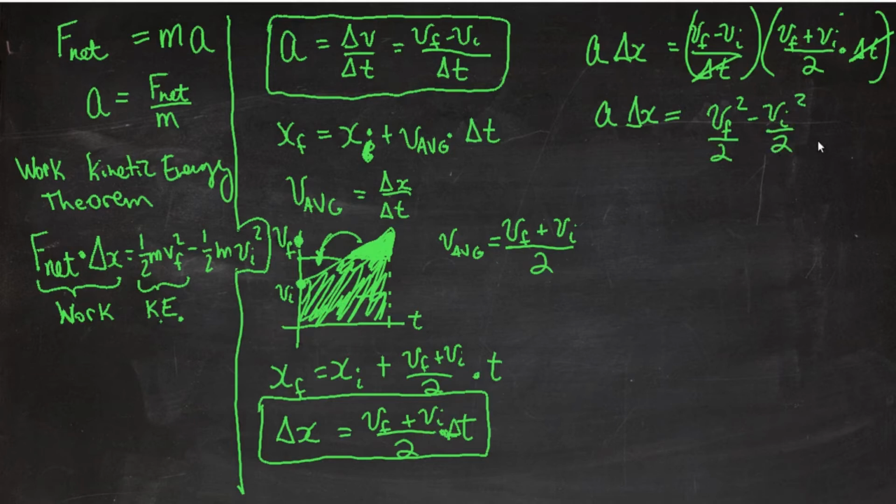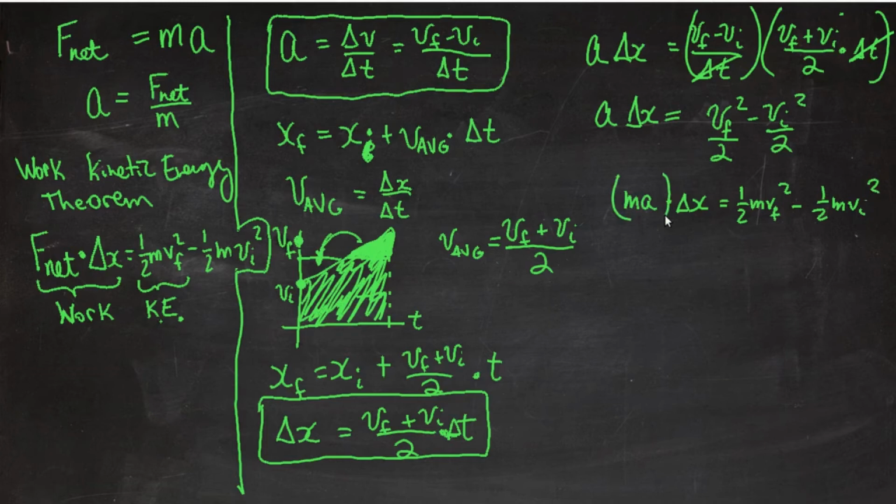So looking at this, I'd like a physical explanation of what this relationship means. To get that, let's multiply the whole thing by m. So ma times delta x is, let's pull these 1/2s out front, 1/2 m v final squared minus 1/2 m v initial squared.